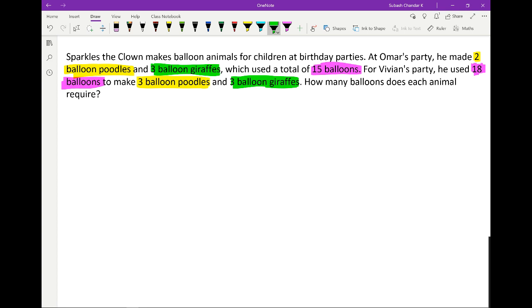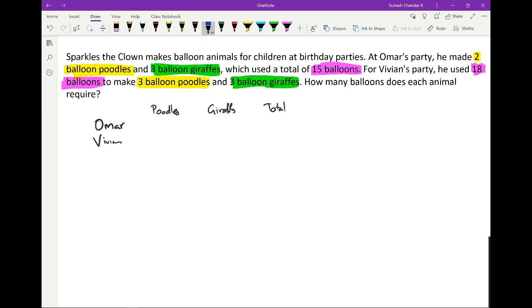Hopefully you can see the colors there, and it helps you look at the important information you need. Or if you want, you can create a table like this, where you have Omar's party and Vivian's party, then poodles, giraffes, and the total.